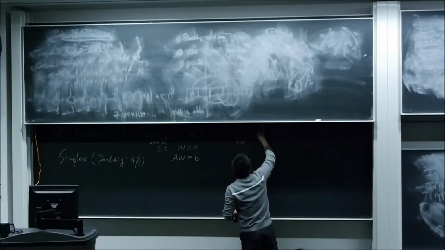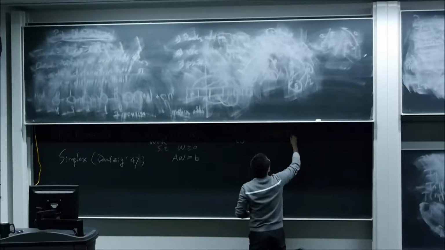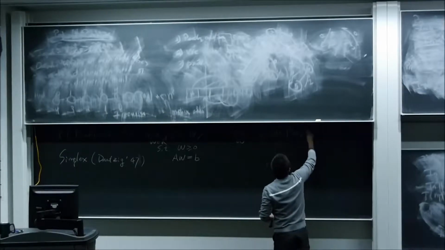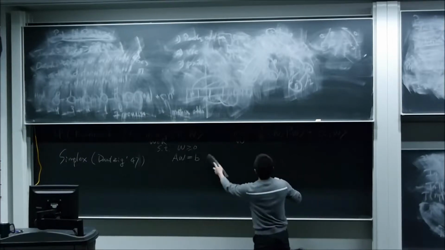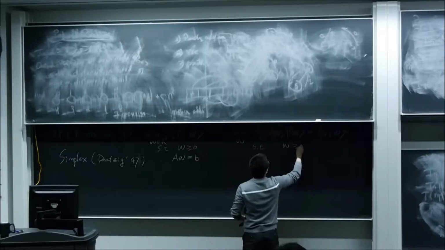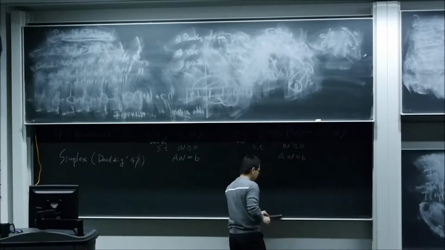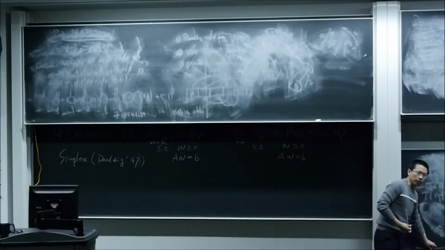The quadratic function is going to be 1/2 w^T P w plus c^T w, subject to the same linear constraint, Aw equals b. So this is a quadratic program: you have linear constraints and a quadratic objective function.